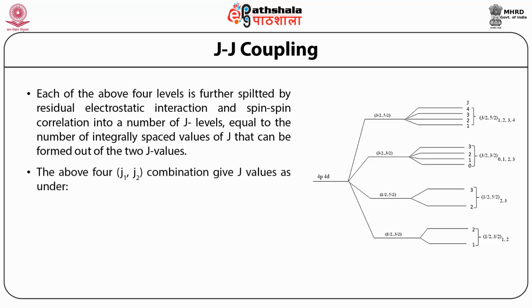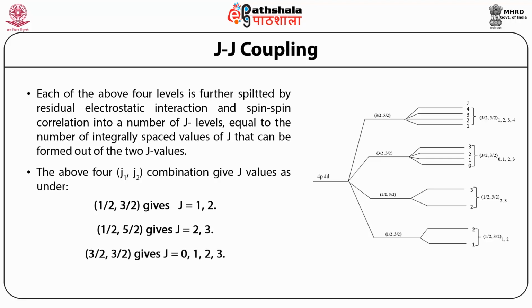The above 4 j1 j2 combinations give J values as has been depicted in the figure. 1 by 2 3 by 2 pair gives J is equal to 1, 2, and 1 by 2 5 by 2 gives J is equal to 2, 3, 3 by 2 3 by 2 gives J is equal to 0, 1, 2, 3, and 3 by 2 5 by 2 gives J is equal to 1, 2, 3, 4. So the complete splitting of the 4p 4d level comes in a way that the different pairs of J values give us fine levels of the structure.